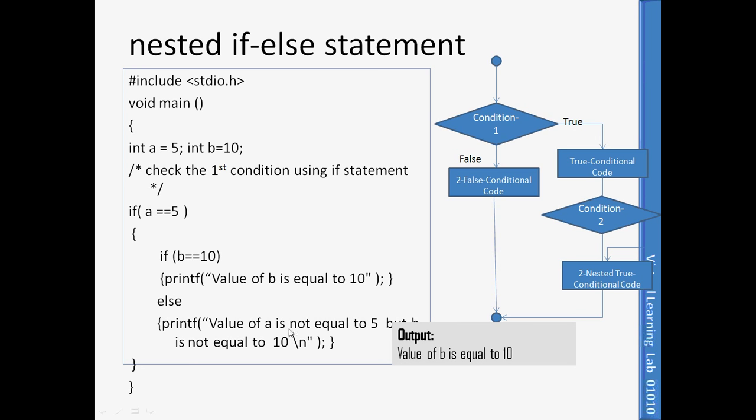The value of A is equal to 5 because it's true, that's why it comes here, but B is not equal to 10, because if it were equal to 10, that message would be printed. So in nested if, condition 1 gets true, then again we verify condition 2. If condition 1 is true, verify condition 2 also.